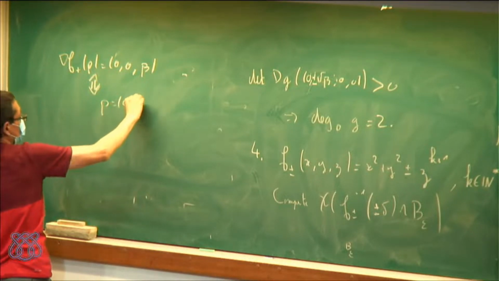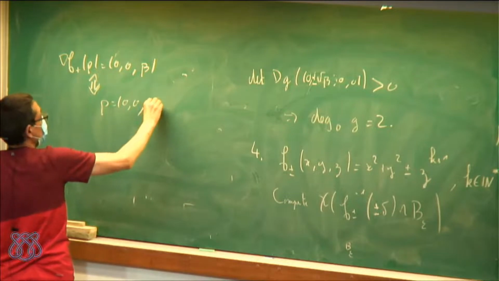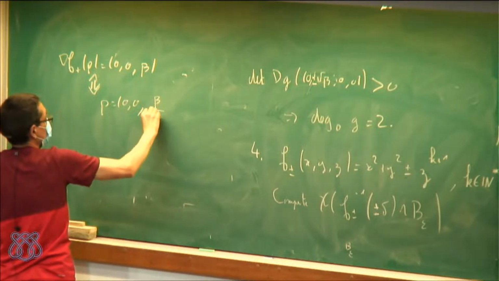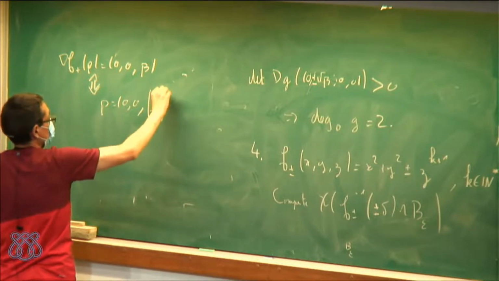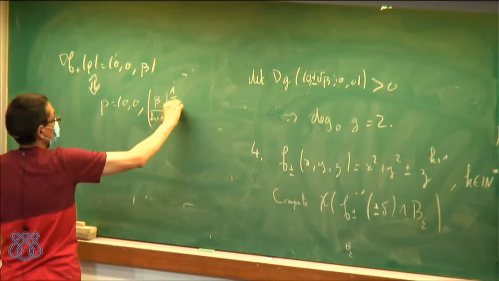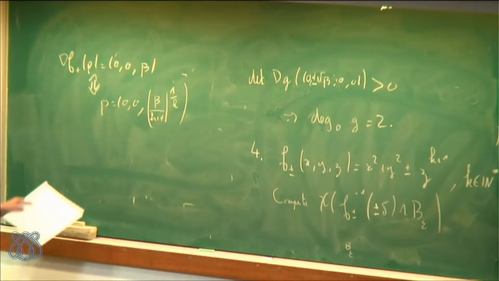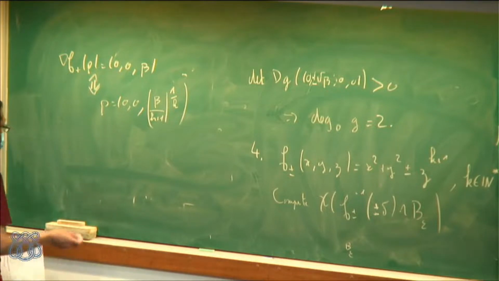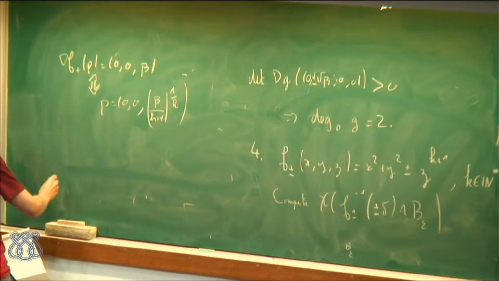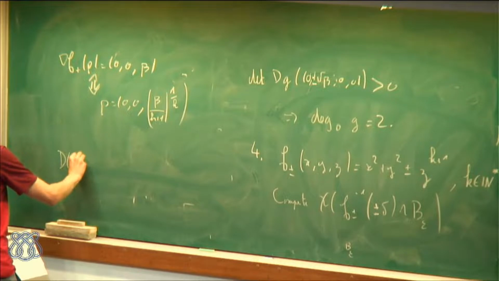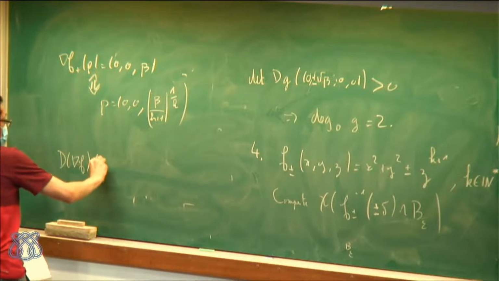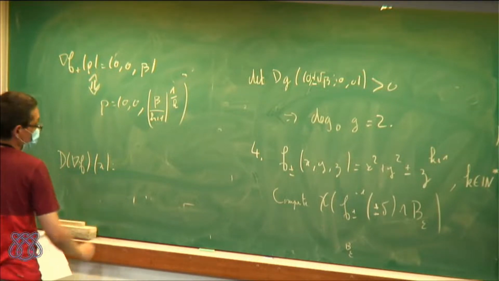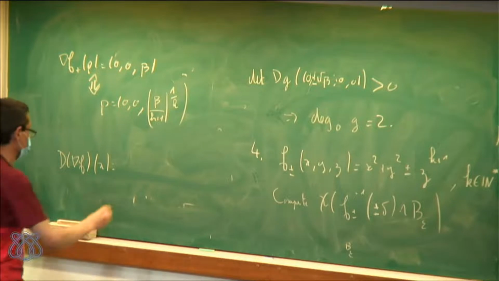So we have just one pre-image. And then we just have to compute the sign of the differential of the Jacobian determinant. And this is very easy. So the differential of, so 2x divided 2.